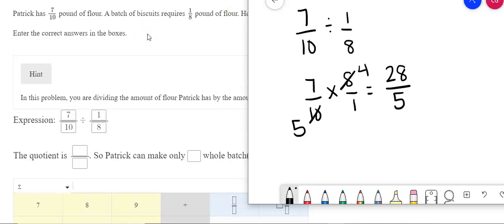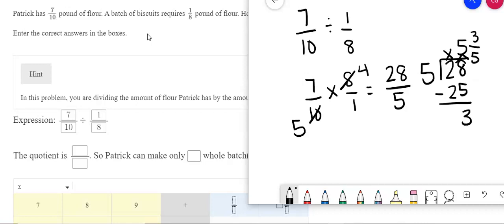So, hold on 1 second here. We have 28 divided by 5. 5 does not go into 2, but it goes into 28 5 times because 5 times 5 is 25. 28 minus 25 is 3. So 5 3/5.